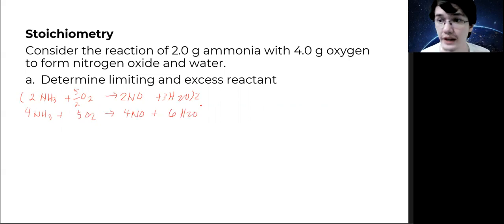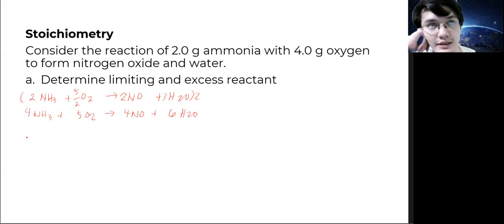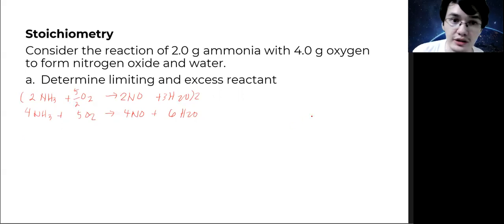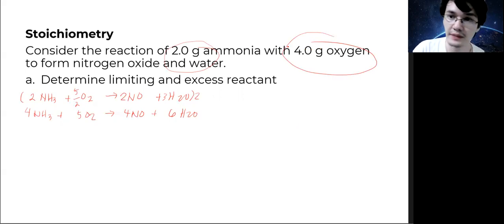Then we make use of that. To determine the limiting and excess reactant, we calculate using this value or that value, then check which gives the largest amount of product produced. So, let's solve.